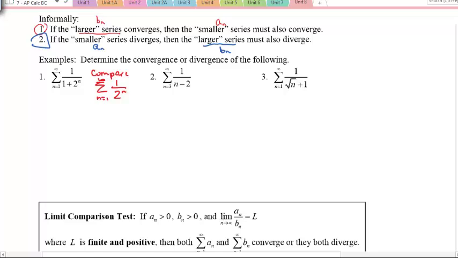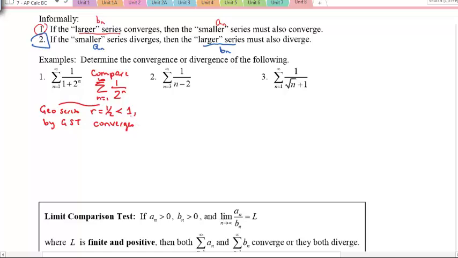Why would I compare it to that? Well, that's a nice series because this is really just a geometric series. And I know that since the r value, the common ratio, is 1/2, that of course is less than 1. So by the geometric series test, I know that this converges.